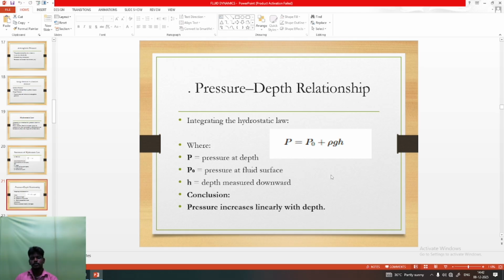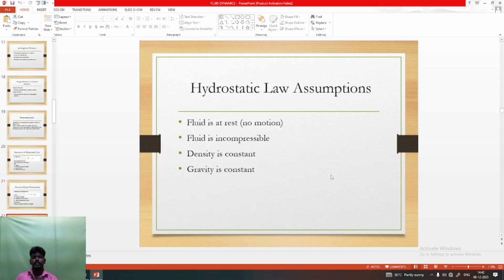Conclusion: pressure increases linearly with depth. This is the knowledge we get from the pressure-depth relationship. And the last one, hydrostatic assumptions. What are the hydrostatic law assumptions? The first one is that the fluid is at rest, with no motion. The second one is that the fluid is incompressible, because incompressible means we can't compress the fluid at any time.